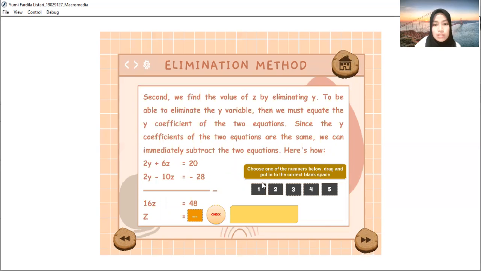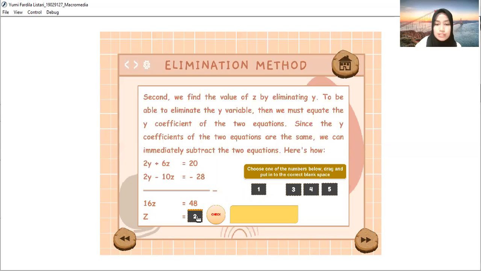In this session, the student can choose one of the numbers below, drag it and put it in the correct blank space. For example, 16z equals 48. So z equals, if the student chooses 2, drags it here, and clicks the check button, the answer is incorrect.